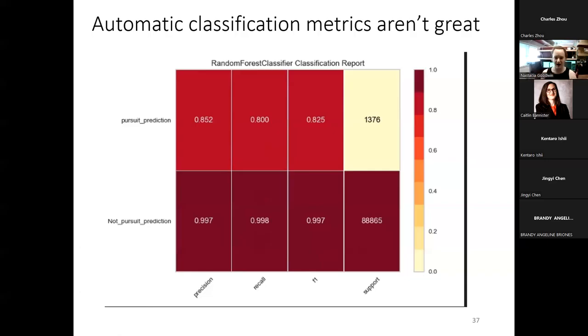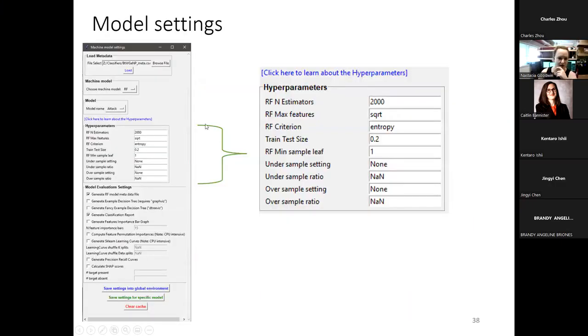You should never have an equal amount of attack frames as non-attack frames, because that's not really what animals do. One way we can get around that is to take the negative class and just take less of these frames out. Basically I run my classifier for the first time, look at this difference, and then I can change my undersampling settings.